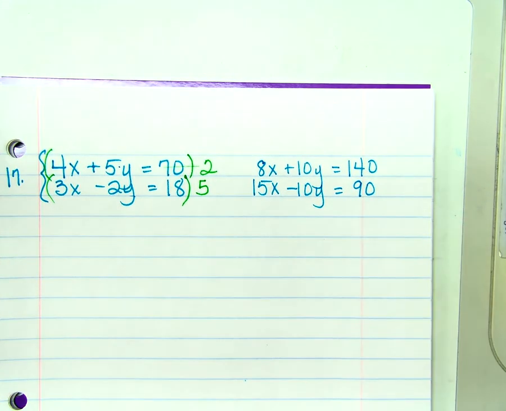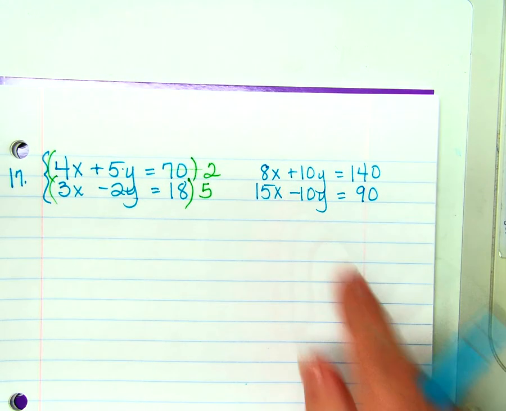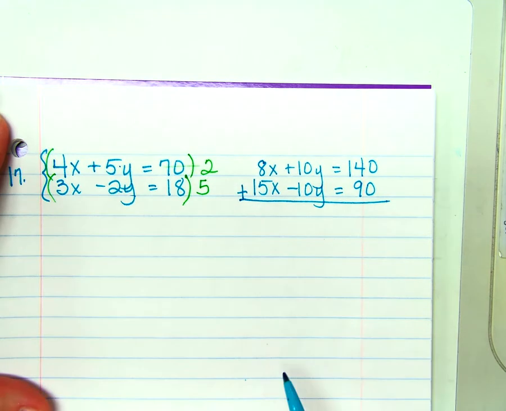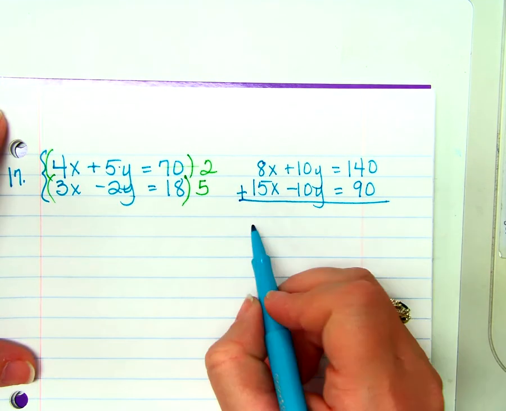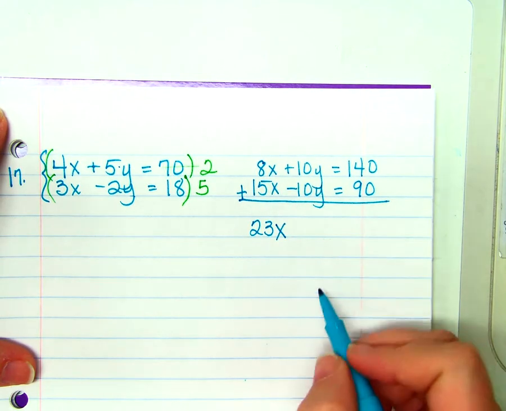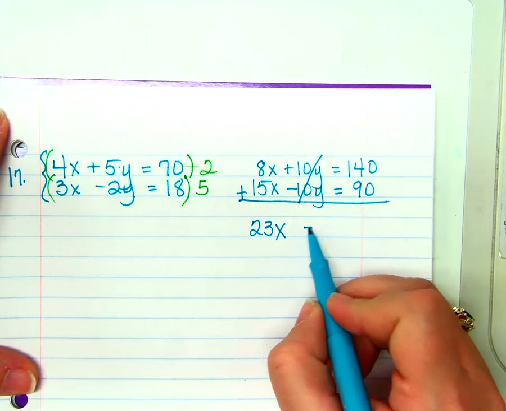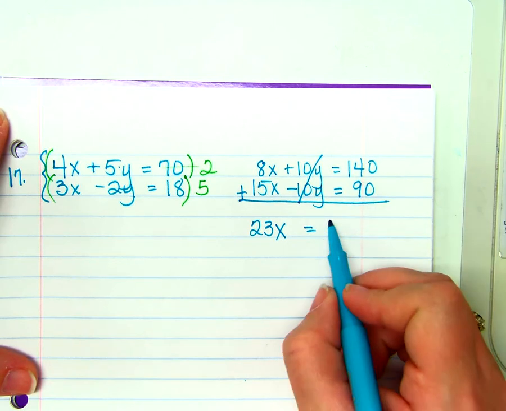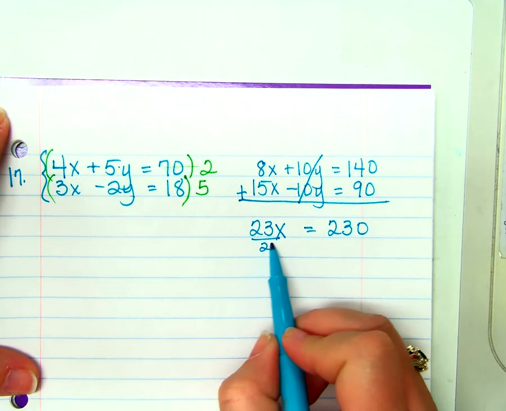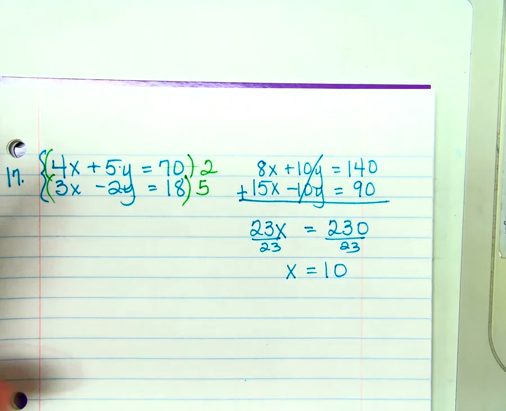Now I have the same number, opposite signs, so I combine my two equations. 8x plus 15x is 23x. 10y minus 10y is 0. And 140 plus 90 is 230. Once I divide both sides by 23, I know that x equals 10.